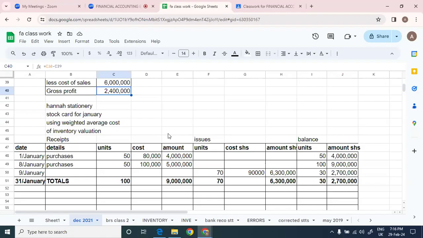Biological assets (IAS 41). Then lastly, mineral rights and reserves.